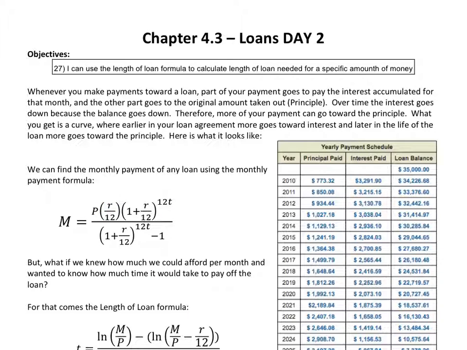And R is what interest rate you get, and T is the term of the loan in years. So it might be for 2 years, 4 years, 10 years, whatever. That's what T is. And you plug it in there and it will calculate what your monthly payment would be every single month to pay off that loan within that time.